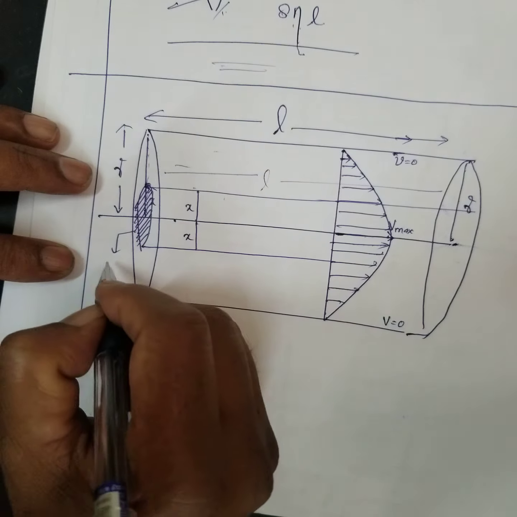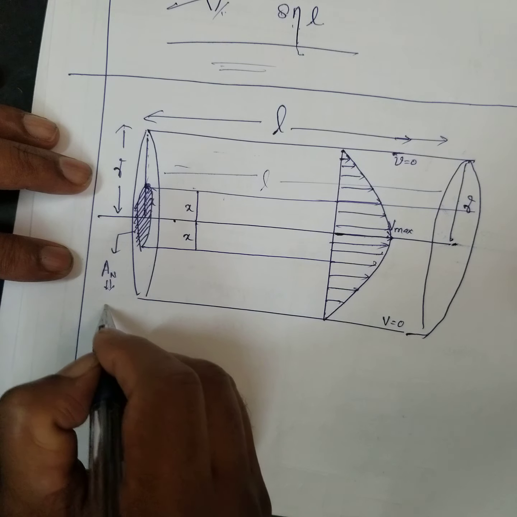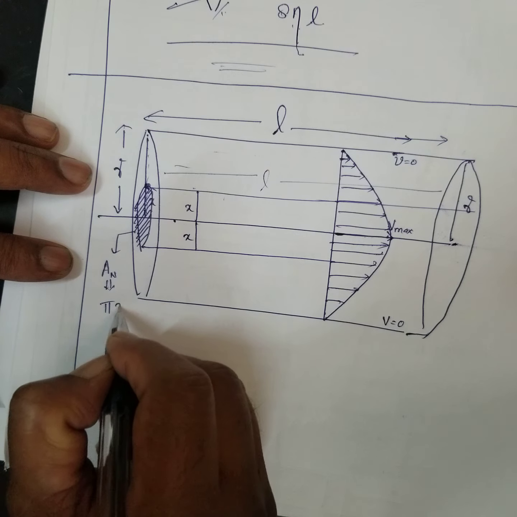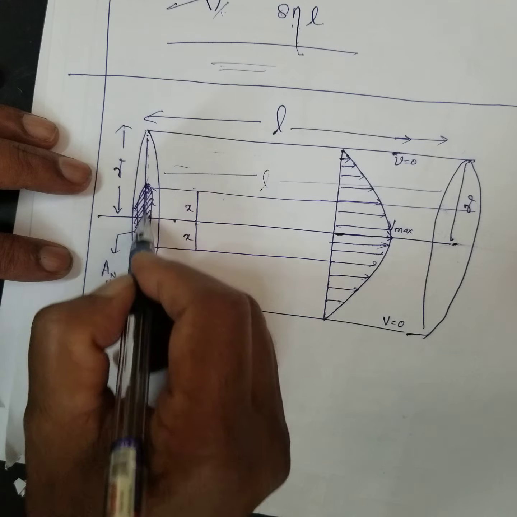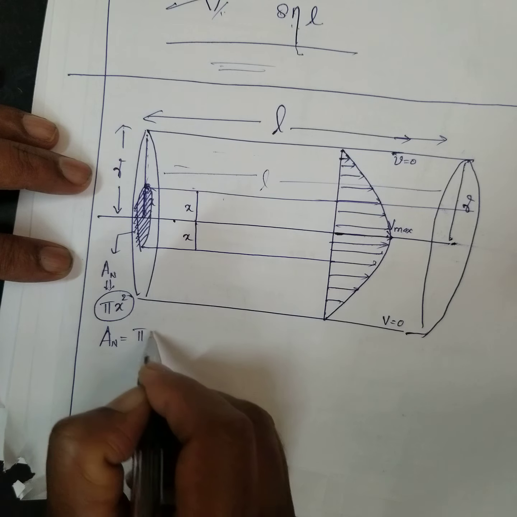This is called normal area. Normal area is equal to pi r square, or pi x square. Therefore, normal area is equal to pi x square.